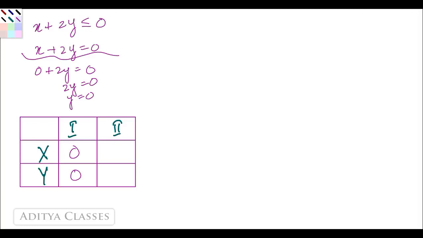So, they both will give me the same points. Don't get it? Suppose we put y is equal to 0. So, this equation will become x plus 2 into 0 is equal to 0. x plus 0 is equal to 0. x is equal to 0. So, in this case, both are giving me the same point. Now, this is not a solution.